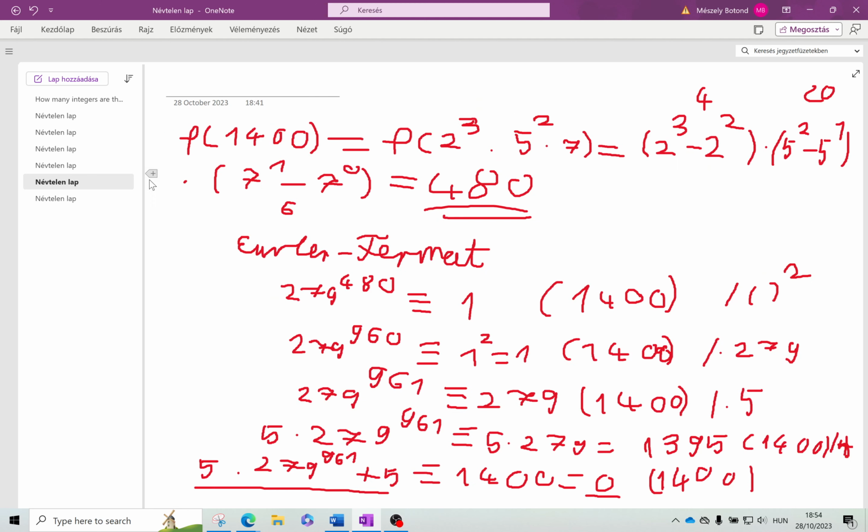And then putting it into here, you can calculate with that the phi, which is then used for the Euler-Fermat, which says that a number to the power of phi is congruent 1 modulo m, or in this case 1400, which is the original value.